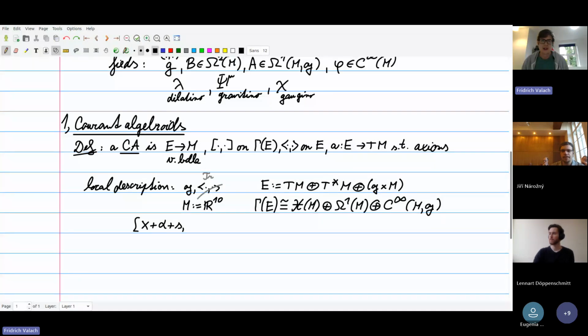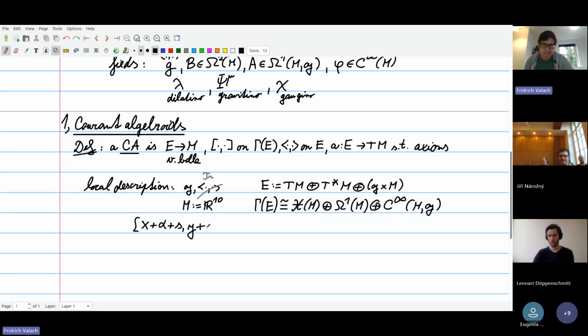In general, in the formula that I'm going to write, you can just omit this and take any M. Even more generally, it doesn't have to be trivial. It can be associated to some principal bundle, or even more general. But at least locally, I can always think of it this way, just taking R10 for simplicity.